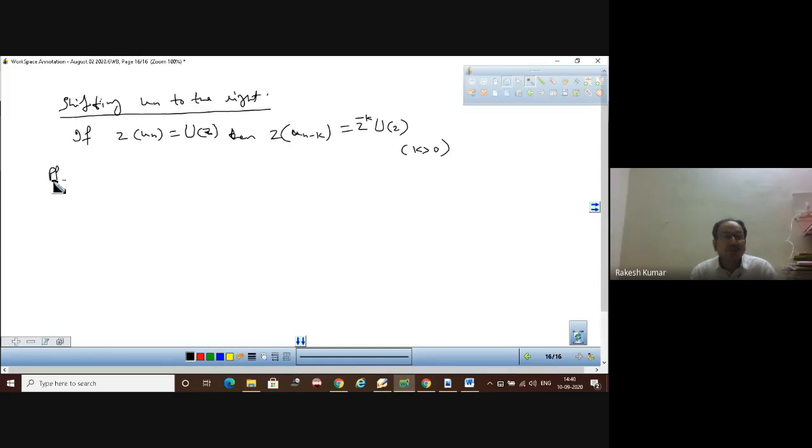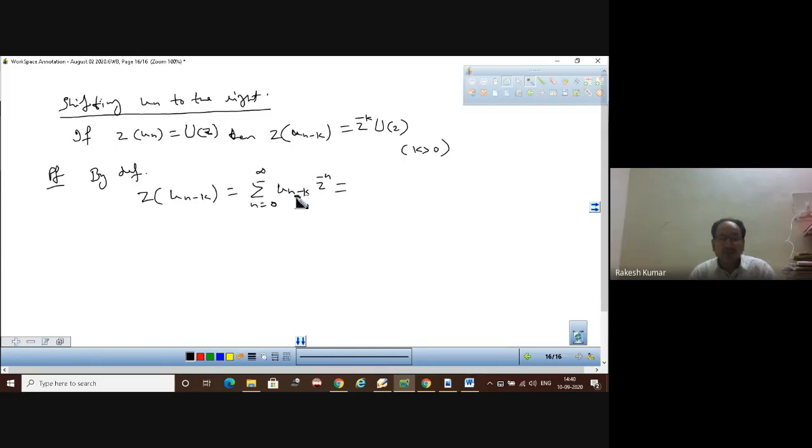So we shall prove the result by the definition of Z transformation. The Z transformation of u of n minus k will be the summation n is 0 to infinity u of n minus k into z raised to power minus n.